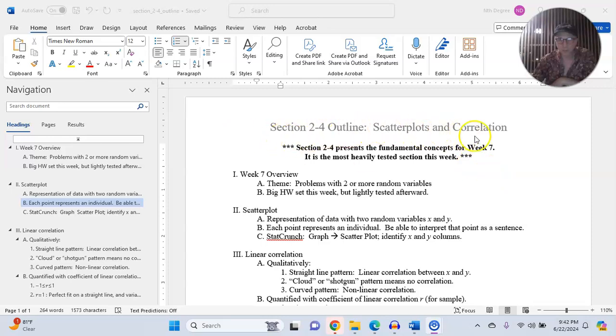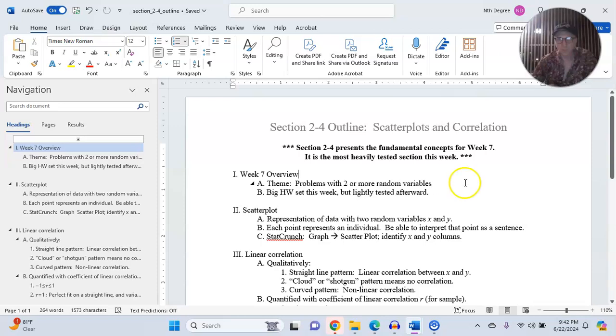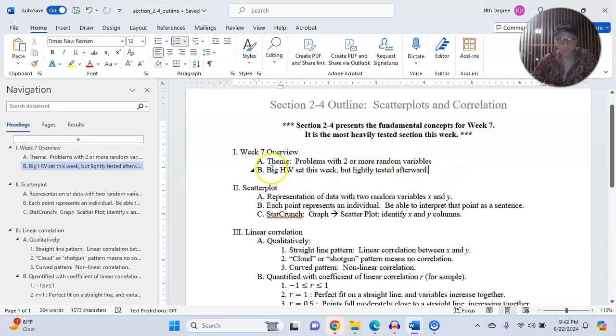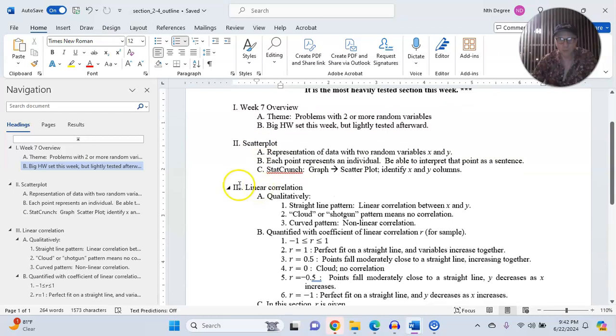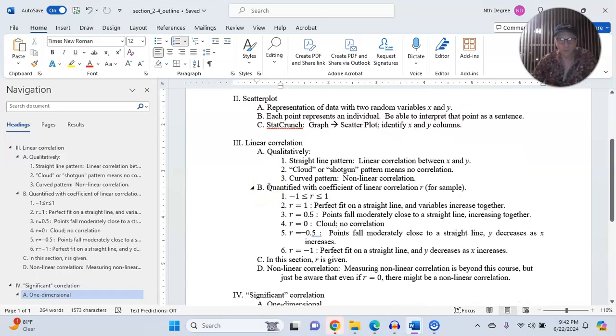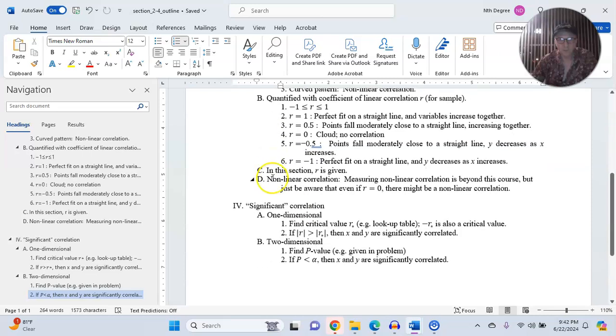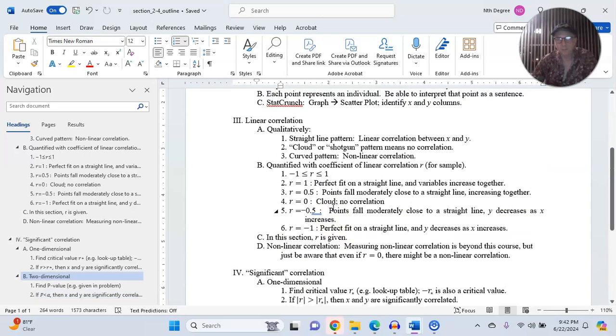It's called Scatterplots and Correlation, and it's a pretty basic section. It really is just going to be laying down the fundamental concepts that we'll need for the rest of this discussion. Those concepts being the scatterplot and linear correlation, and then finally the question of determining whether that correlation is significant.